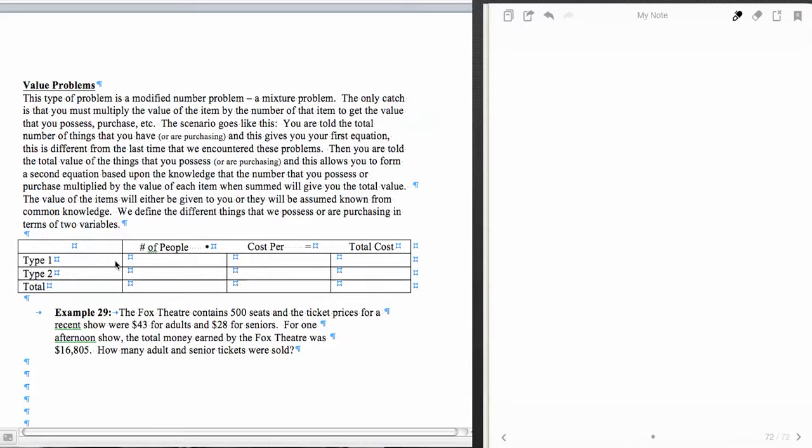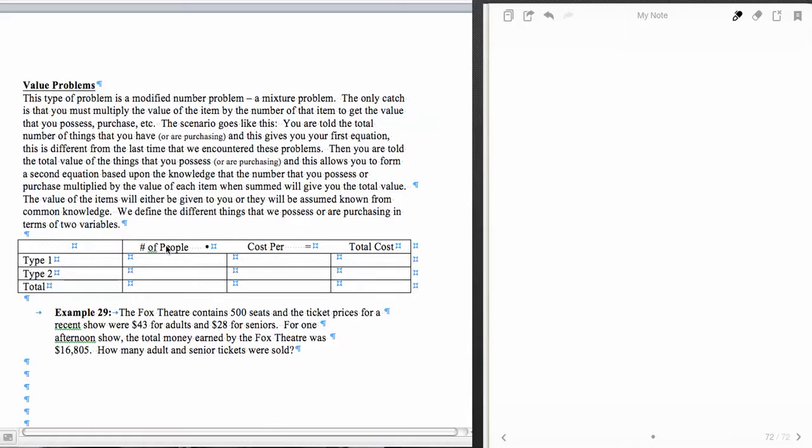And so what we're seeing with value problems is a number of independents. So we're going to set up the number of independents in one of the columns, and then the rate of change, the cost per independent essentially, in the second column, and in the last column we set up the total value or the total cost.